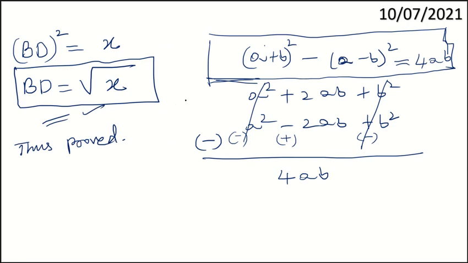Children, let us move on to the application of this. Here, very important. So far we have seen representing or marking the square root of a number, that is a positive real number, on a number line.